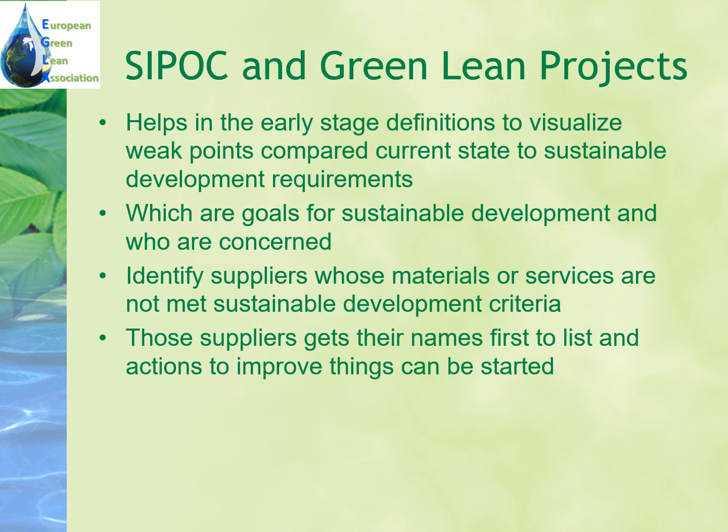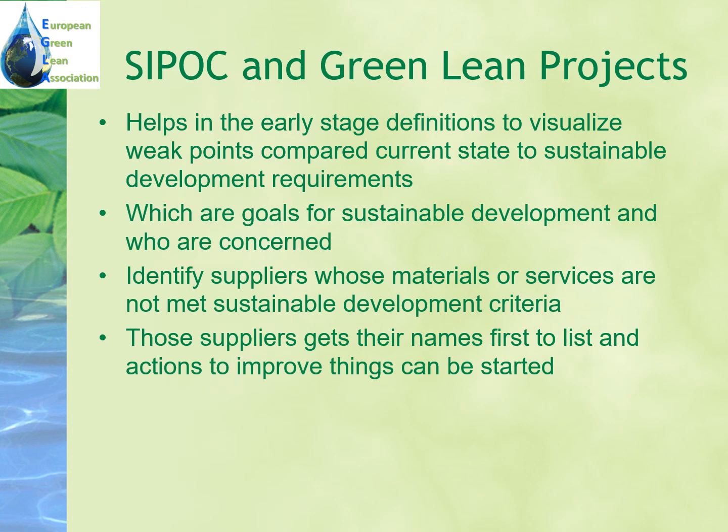When we think about green lean again, this will help in early stage defining and helping to visualize weak points compared to current state to sustainable development requirements. It will help you to see where some elements of sustainability are lacking.